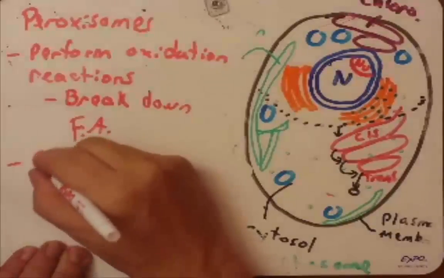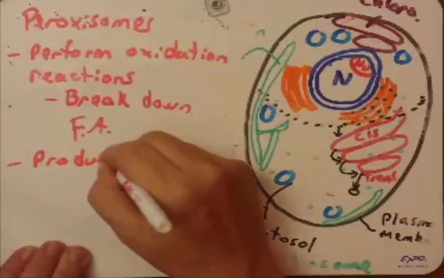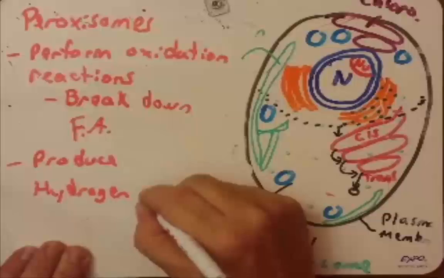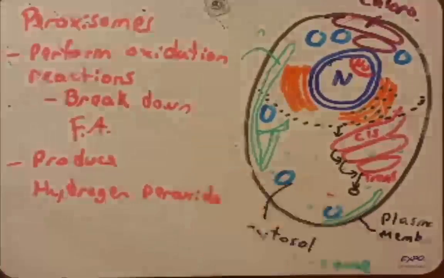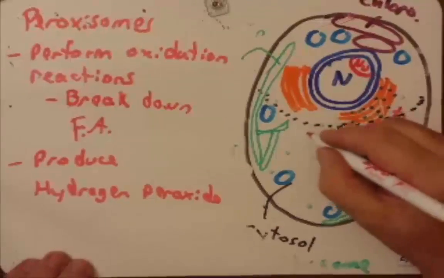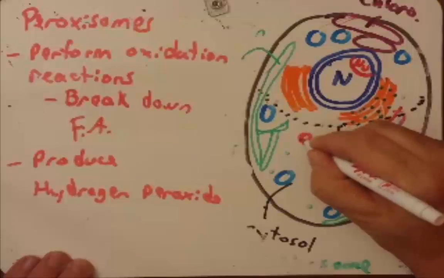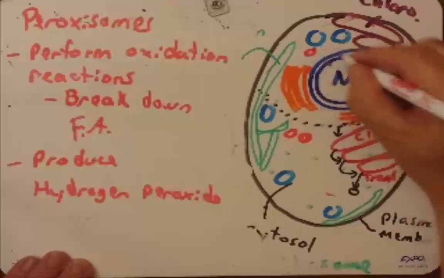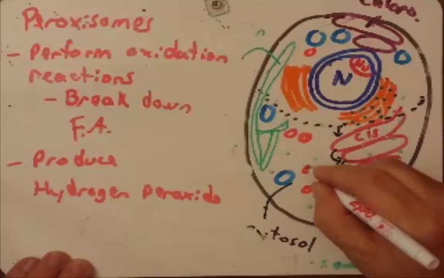They also produce hydrogen peroxide. They are usually small, circular structures. I'm going to draw them like so, these small circular structures. And they could be in different parts of the cell, so I'm going to put them in different parts of the cell.